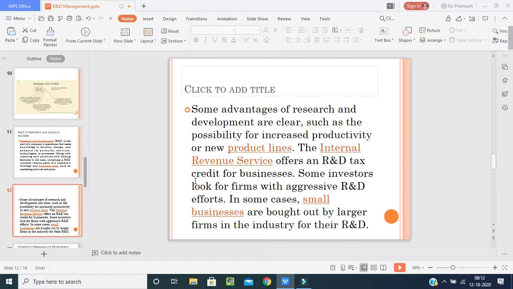Some investors look for firms with aggressive R&D efforts, and in some cases, small businesses are bought out by larger firms in the industry for their R&D. See what will happen? The big companies will target small businesses to buy them out for their R&D. So these are the things, and as you may know, if we are paying tax to the government, in return we are getting some benefits like that.